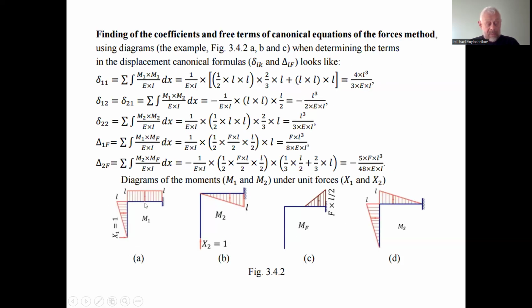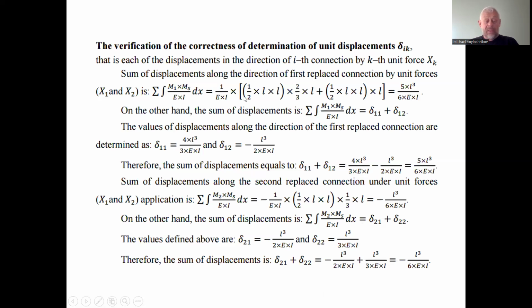So the magnitude of the diagram is L, because in the first direction the diagram is the evenly distributed bending moment along the second segment. So we have that this Mohr integral is equal to the fraction with the numerator 5 times L cubed and the denominator 6 times the rigidity index of the frame.